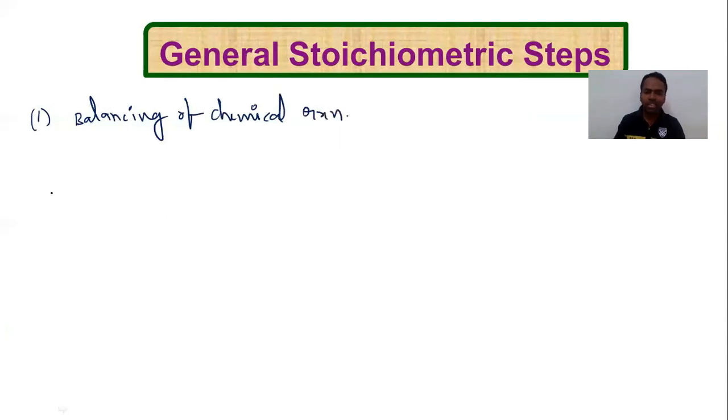So if you want to apply the stoichiometry to any chemical reaction, first we need to balance the chemical reaction, the first step. The second step is, from this balanced chemical reaction, we get the molar ratio. Molar ratio is nothing but the moles ratio of reactants and products.